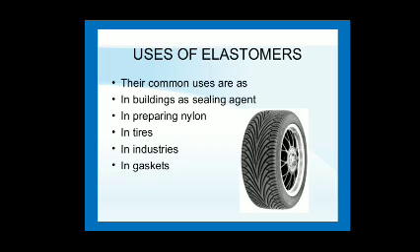Building sealing compounds are made from elastomers. In preparing nylons, the preparation of tires, and in industrial materials, elastomers are used. Gaskets and gas supplying pipes are prepared from elastomers.